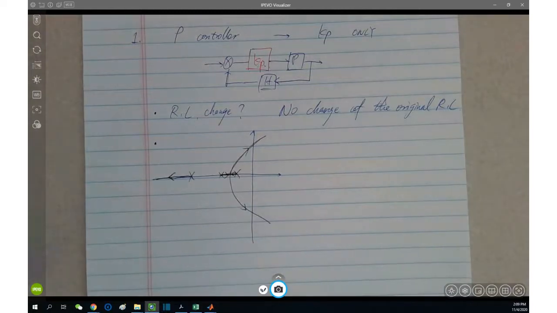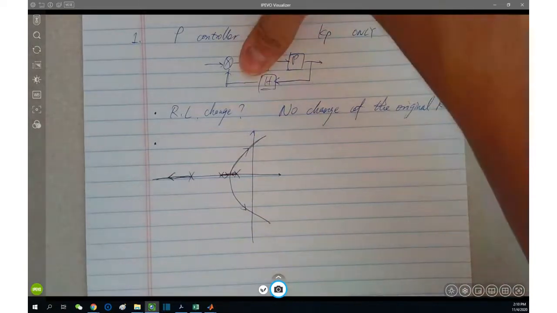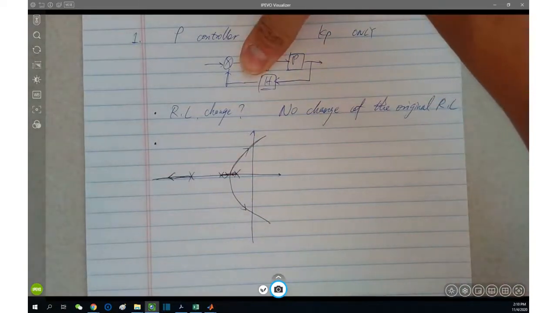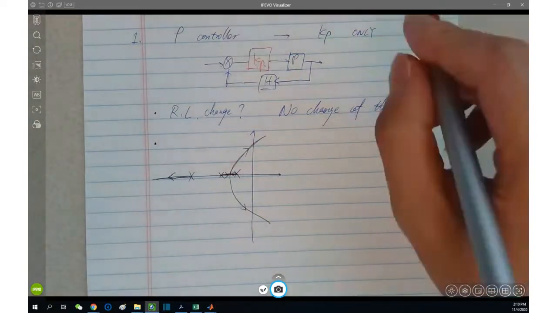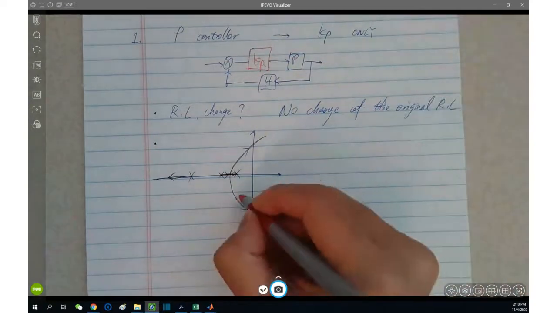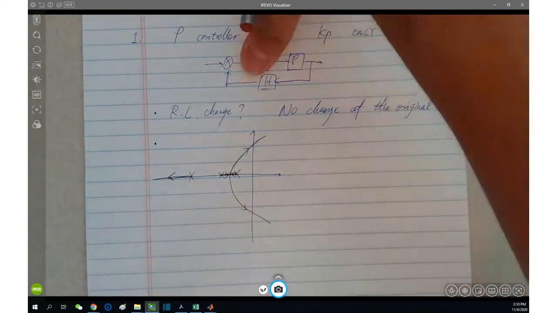Everybody listen up. This is a very important understanding. Root Locus is a path. Along the path are infinite numbers of pole locations, right? With different K values. Without this KP, the original system, P and H, the poles are fixed at one point, because here it is a specific system.